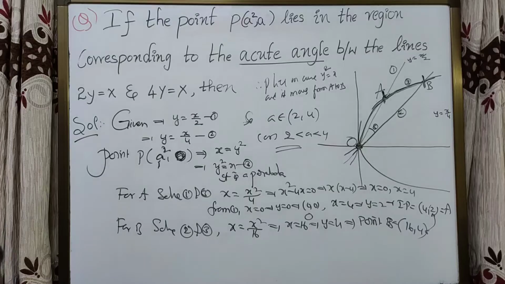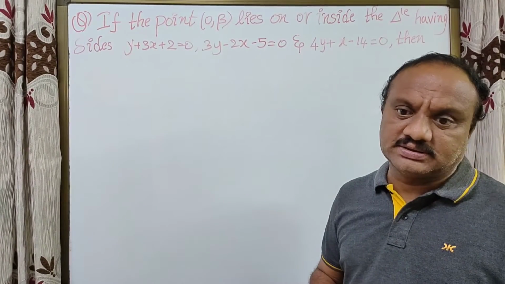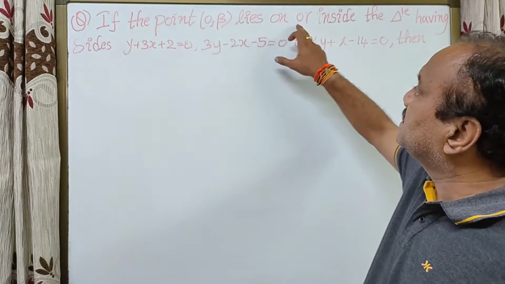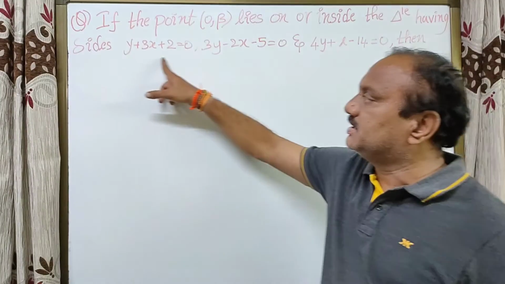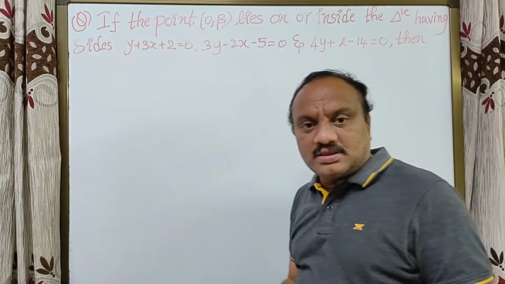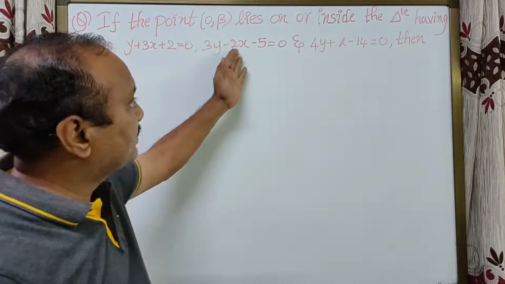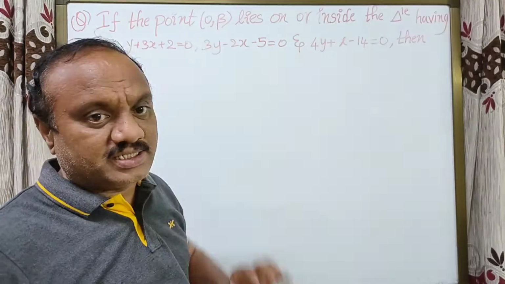Very important, students. Now students, this one is very important. If the point (0, beta) lies on or inside the triangle having sides... Dear students, a triangle has 3 sides, given these 3. In this triangle, the point is inside.